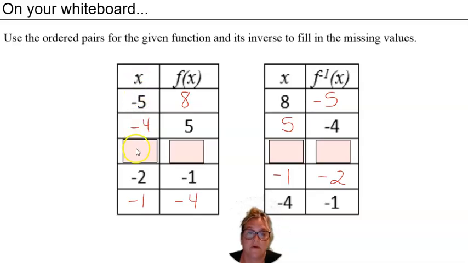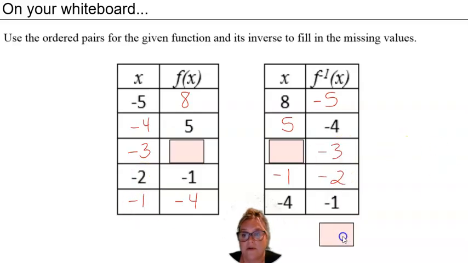So -5, -4, the next would be -3, -2, -1, and the corresponding y value then is -3. If we look in the pattern for the outputs for f of x, 8 minus 3 is 5, 5 minus 3 would be 2, 2 minus 3 is -1, -1 minus 3 is -4, and so its corresponding x value for the inverse would be 2.